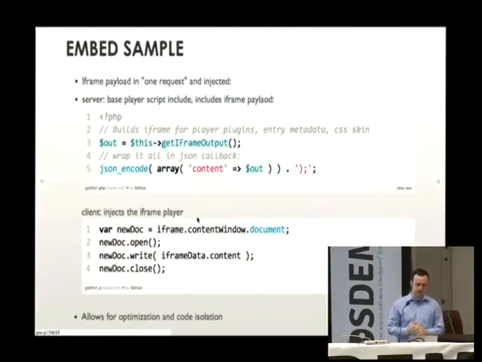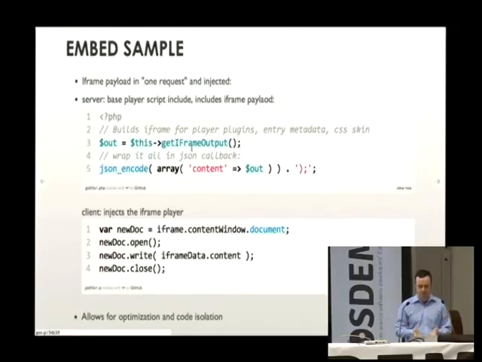Here's just a quick sample of how we embed the iframe payload. You can see we basically get the whole iframe, and that can include any per player content. That's the skin, the entry data, any metadata associated with that entry, all the list of plugins that are enabled.